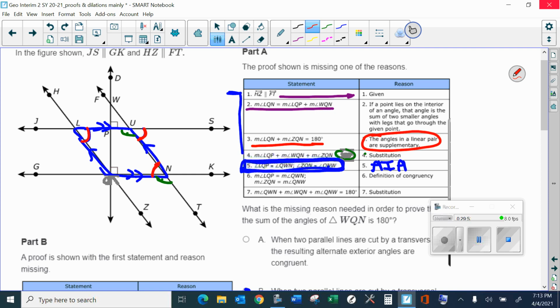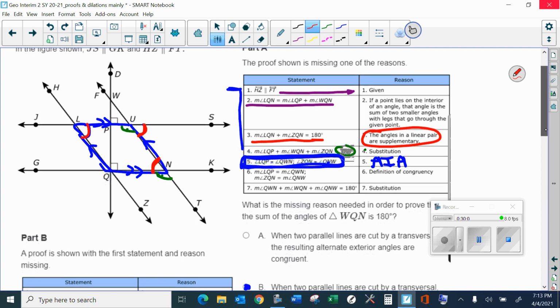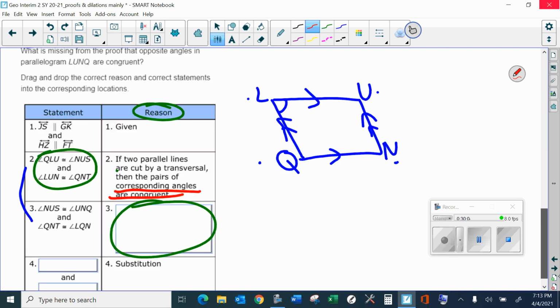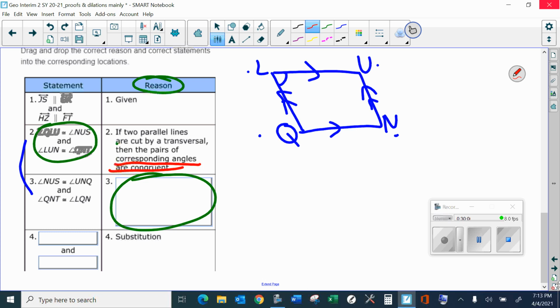Why do we know that this is congruent to this? I should know right away. Parallel lines cut by a transversal, alternate interior angles are equal or congruent. So that's my AIA theorem. I'm just going to write AIA, but you'd write out if two parallel lines are cut by a transversal, and there's usually a drop-down menu you're choosing from. So it's always going to start with that, and for this one down here it would be alternate interior angles. Okay, AIA for that one.